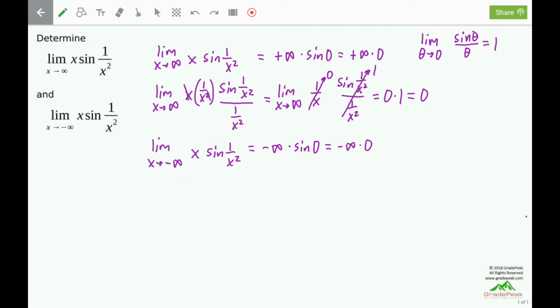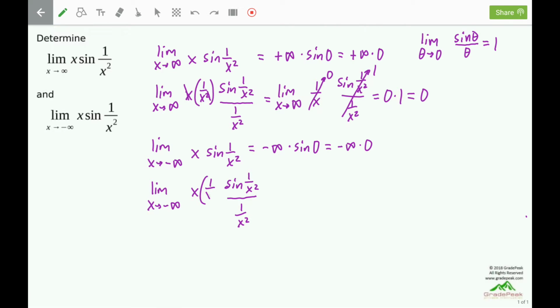Since it's resulting from a sine of 0, making the 0, we can make use of the same identity. We will isolate the sine so that it can be phase matched in the other position. In the denominator, we will put a 1 over x squared to phase match it.